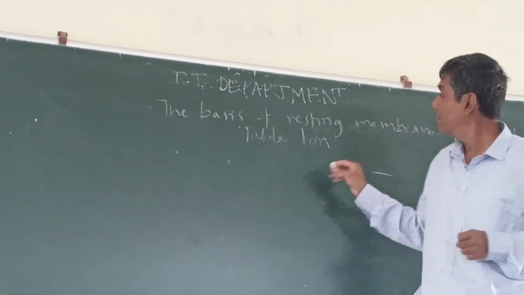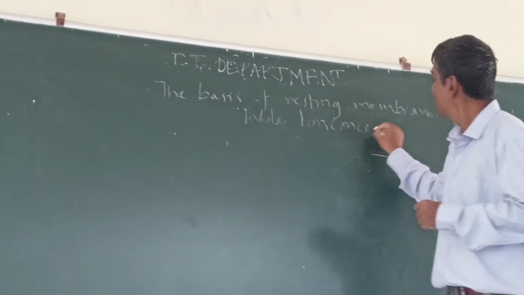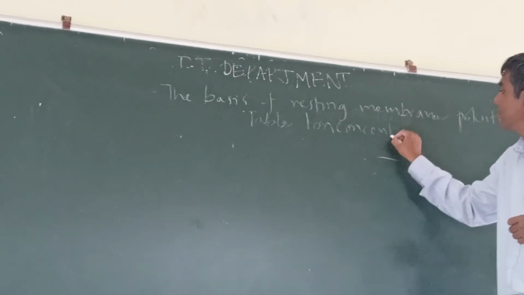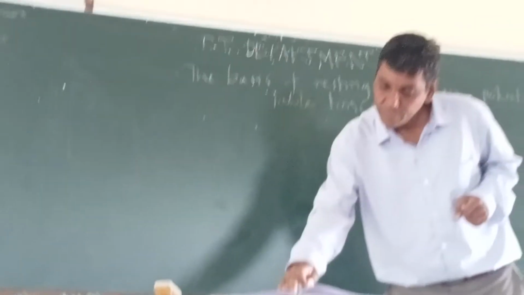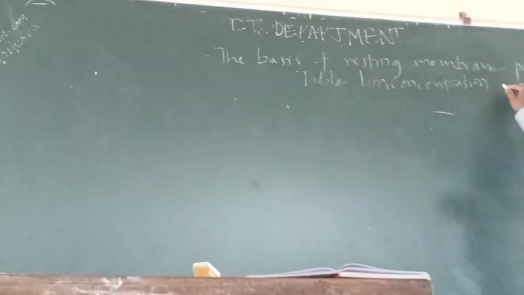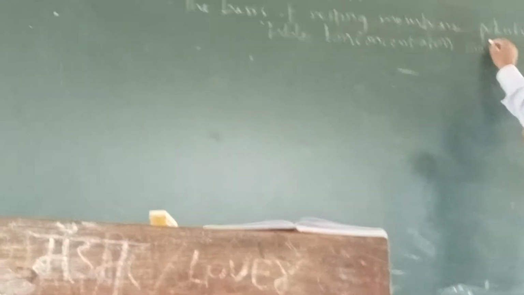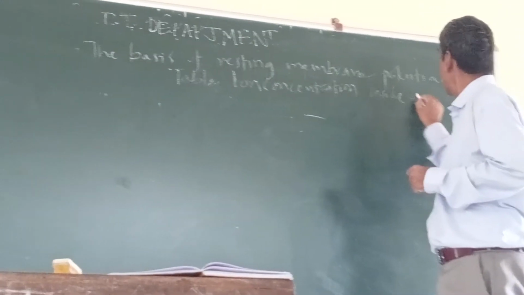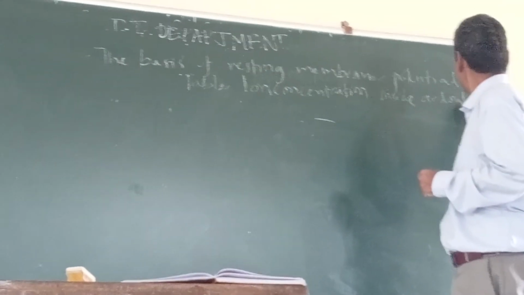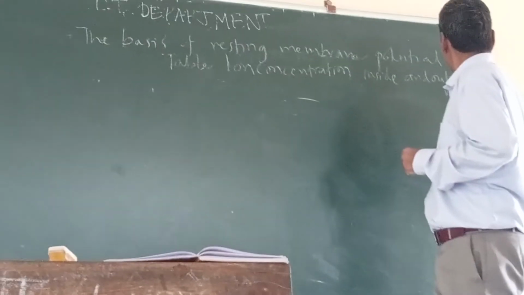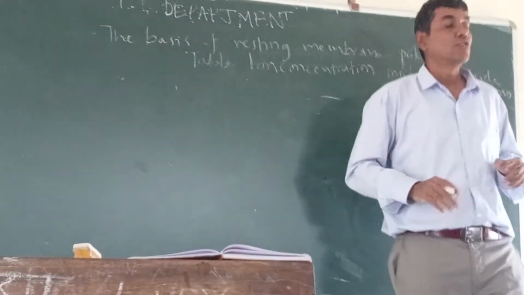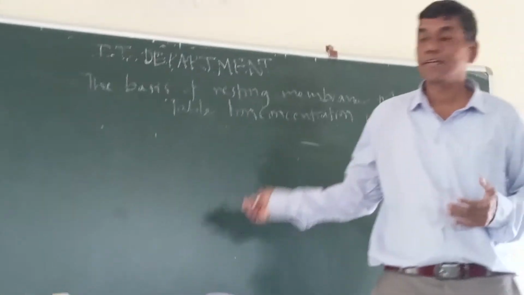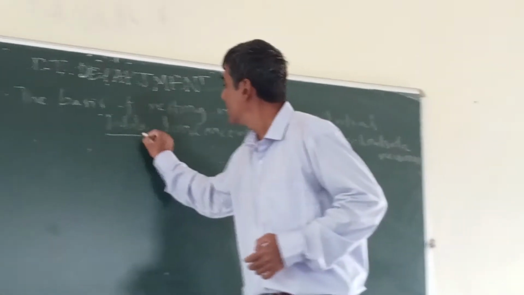Ion concentration inside and outside neurons. So the ion concentration: whether it is the same, why are we writing this, what is the importance?